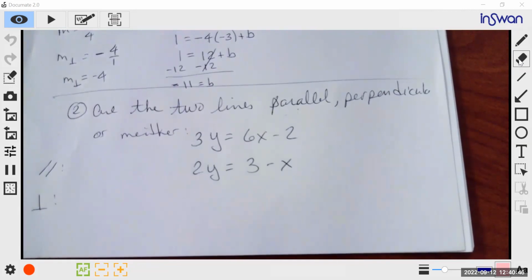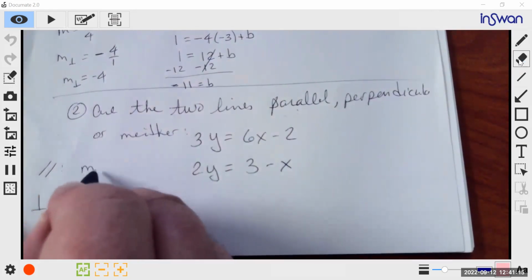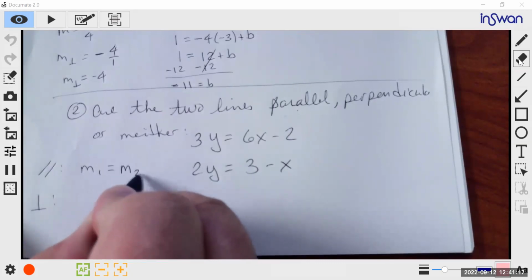What would be opposite? Not just numbers. The slopes. Look back in your notes, because last week I showed you that there are four possibilities: parallel, perpendicular, the same lines, or anything else. If they're parallel, the slopes have to be equal.